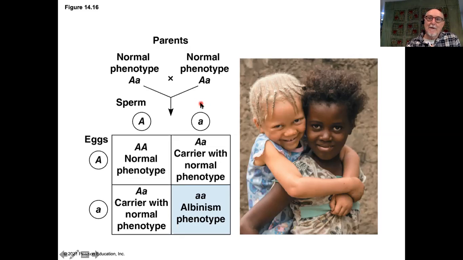So this is a typical recessive inheritance. If you have somebody who is albino who marries somebody with a normal phenotype, then it goes again by classic Mendelian principles. Their offspring will all be heterozygous.